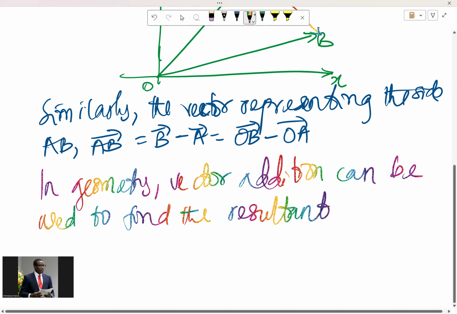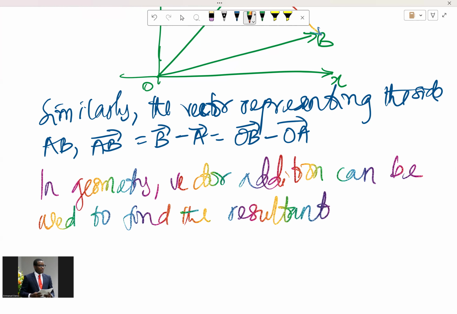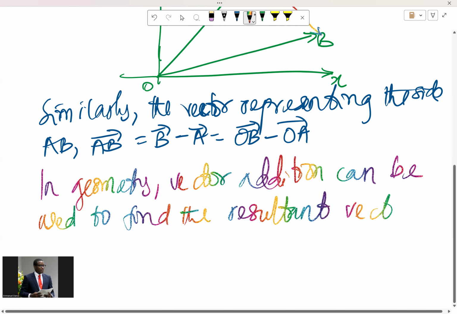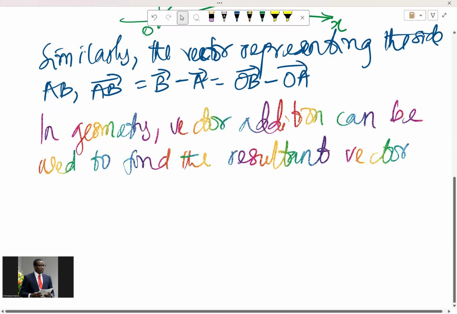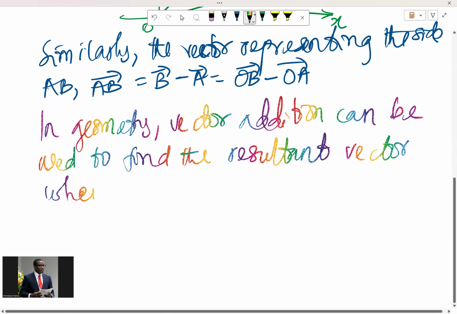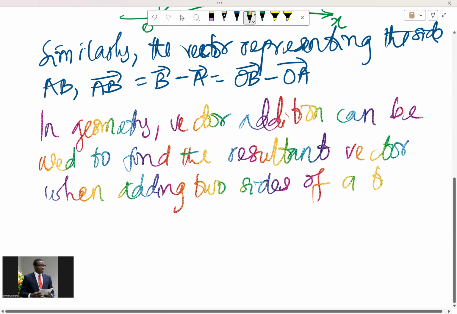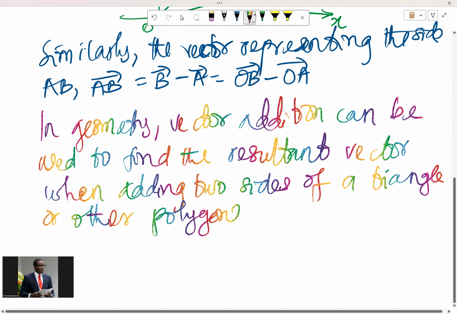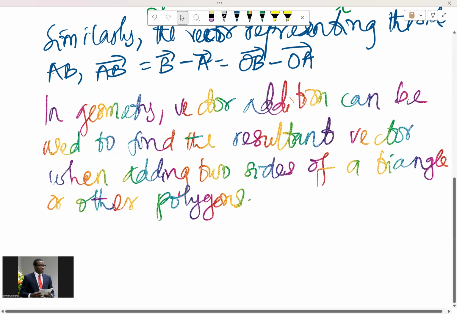It can be used to find the resultant vector when adding two sides of a triangle or other polygons. So vector addition can help us to find resultant vectors.